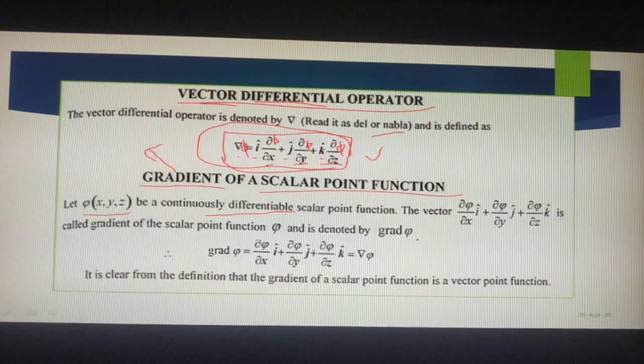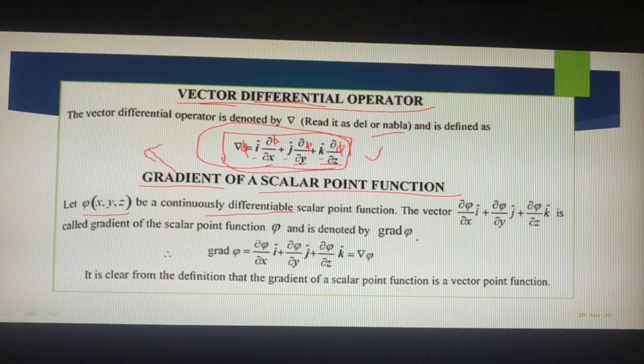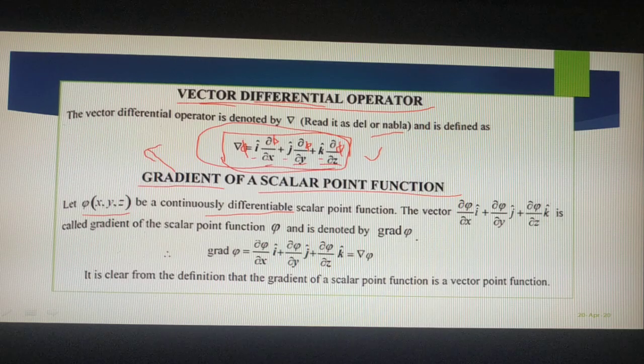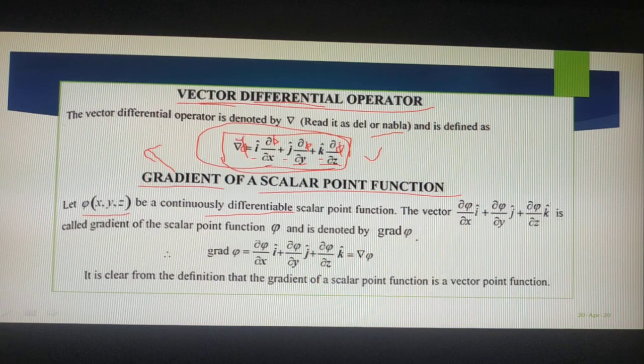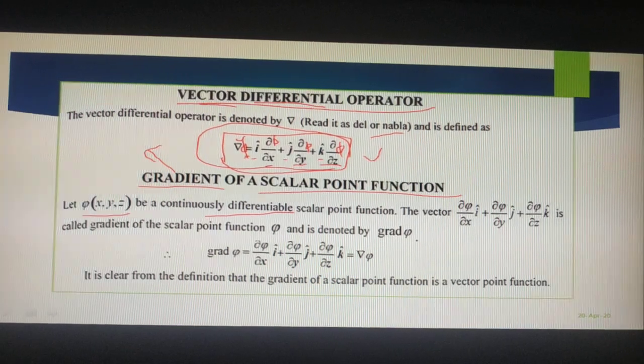Make sure that you multiply on the right-hand side; you should not multiply phi on the left-hand side. There are no such operators here. So the del operator should always be multiplied in front of any function.